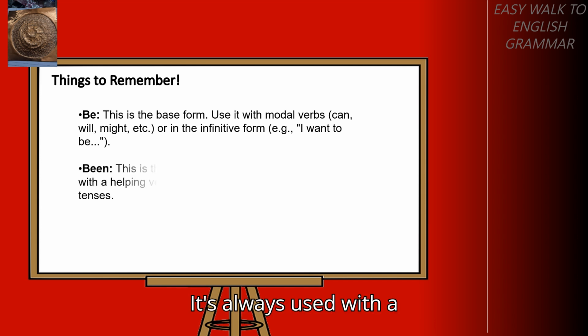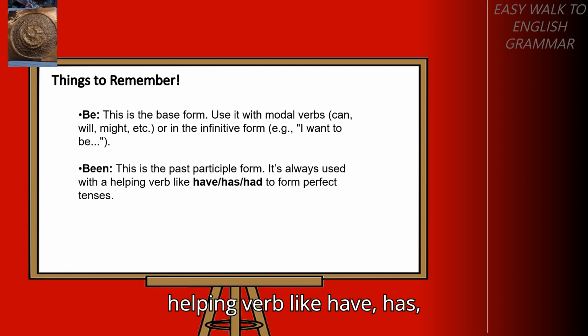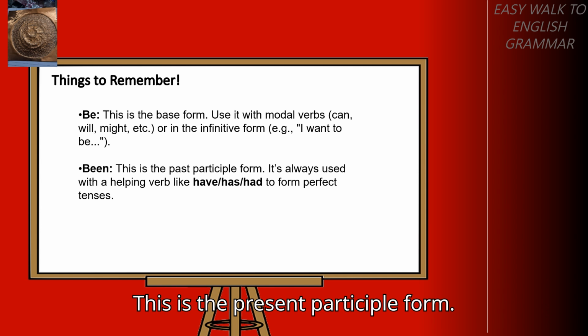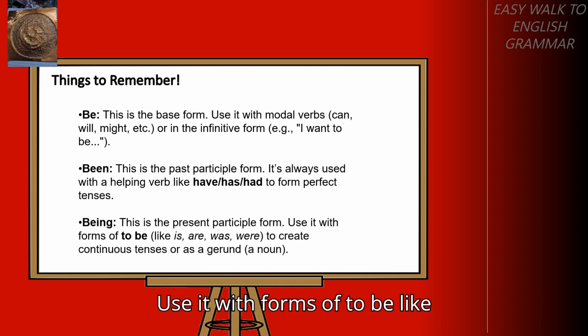It's always used with a helping verb like have, has, or had to form perfect tenses. Being. This is the present participle form. Use it with forms of to be like is, are, was, or were to create continuous tenses or as a gerund.